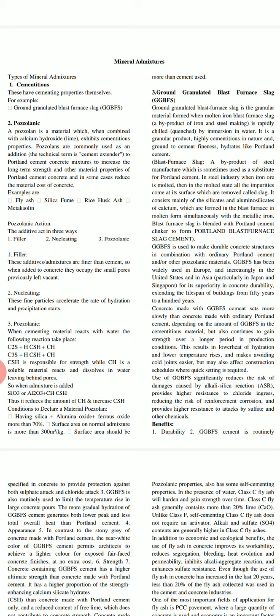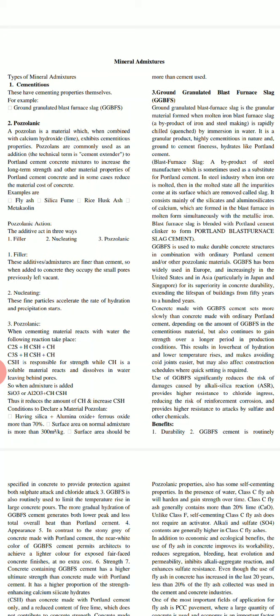And next is pozzolanic action. What is pozzolanic action? When cementing material reacts with water, the following reaction takes place, as we already learnt in the Bogue compounds. C2S, dicalcium silicate, when mixed with water, gives CSH and CH.